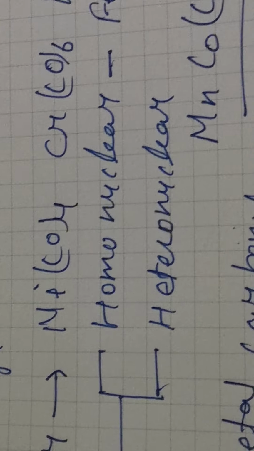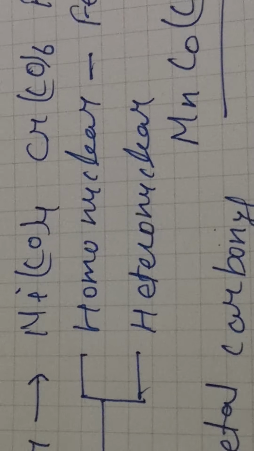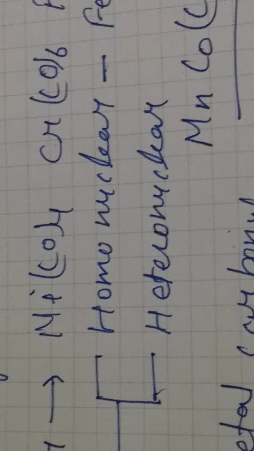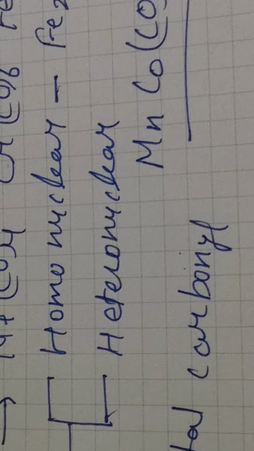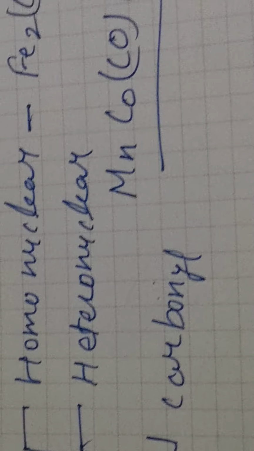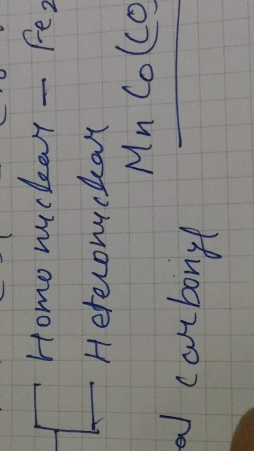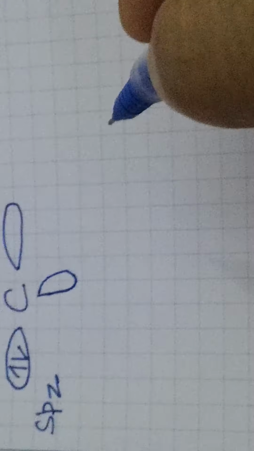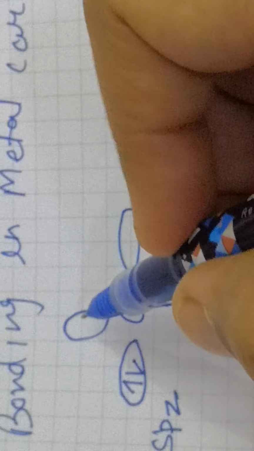If we look at the bonding by making the diagram, in the carbon there is an s orbital, an sp-z orbital having non-bonding electrons, and two orbitals, px and py.